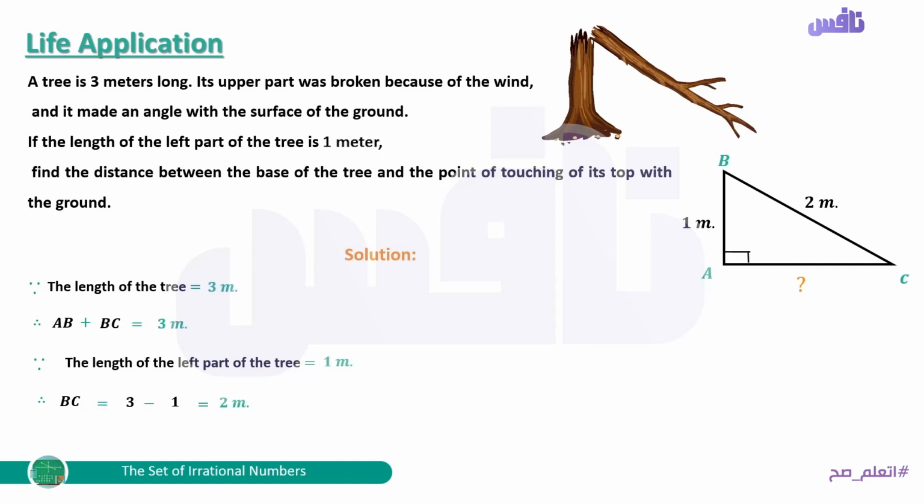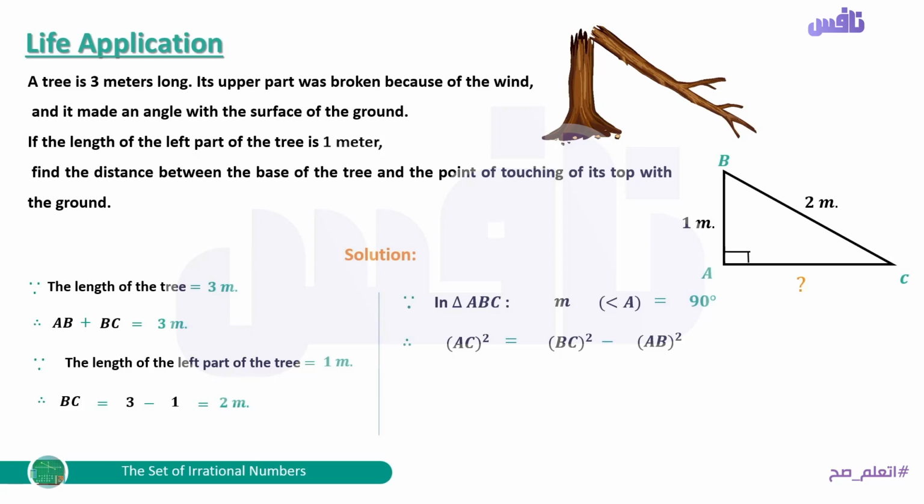The rule will be AC power 2 equals BC power 2 minus BA power 2. Okay, again, the required is AC. So we write AC power 2 equals, the hypotenuse here is BC because it is the side opposite to the right angle A. So we start the rule with BC, the hypotenuse. BC power 2 minus AB power 2.